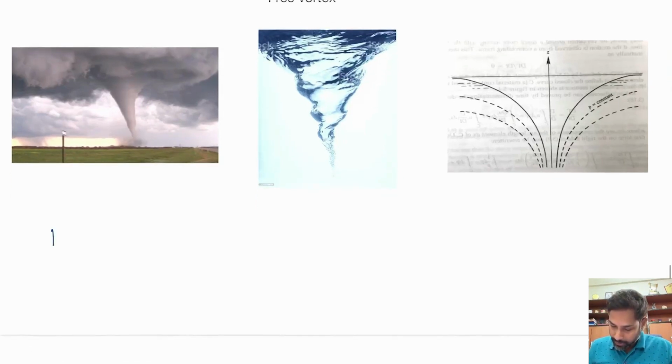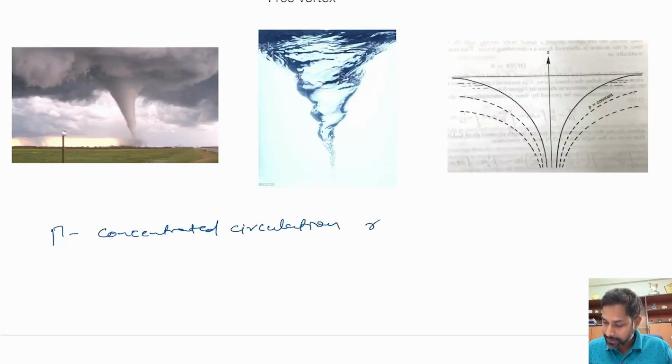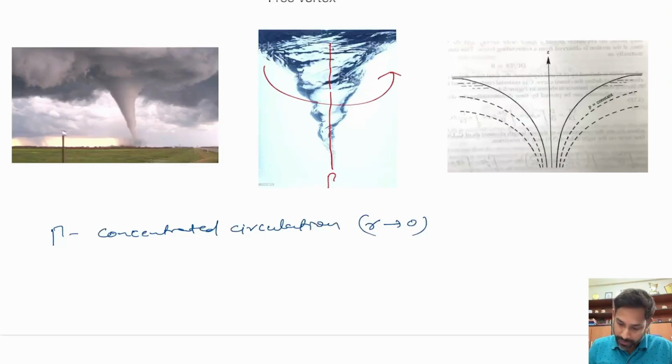Whereas in this case, there is no vorticity, rather there is a circulation, which is a concentrated circulation that exists at r equal to 0. You can assume there is a circulation here, and that circulation is driving the complete flow field. Likewise, you can assume there is a circulation here at r equal to 0, or r tends to 0, and that is driving the complete flow field.